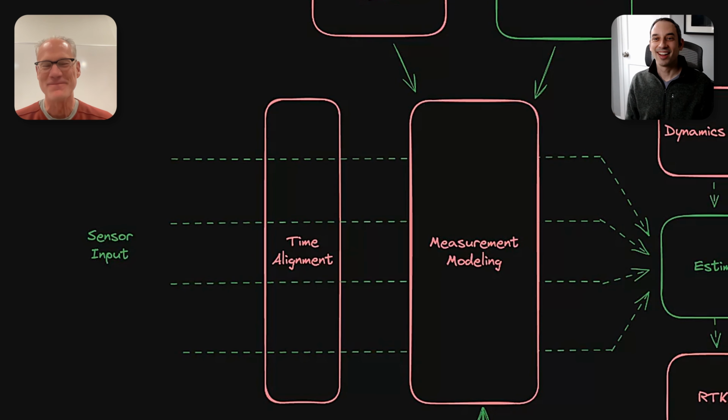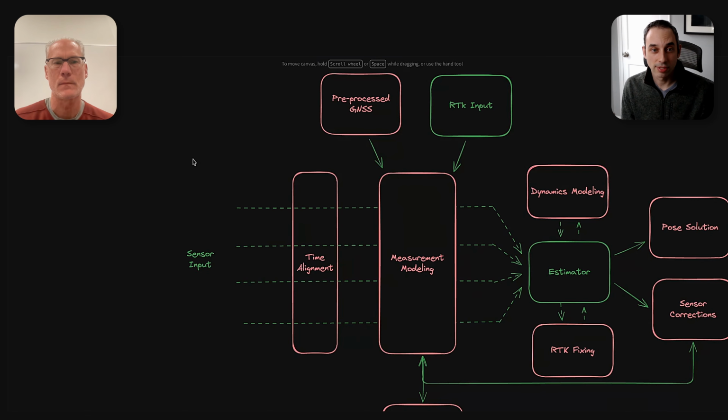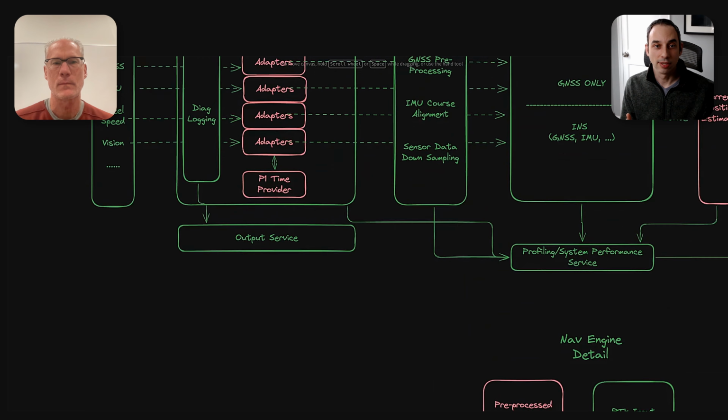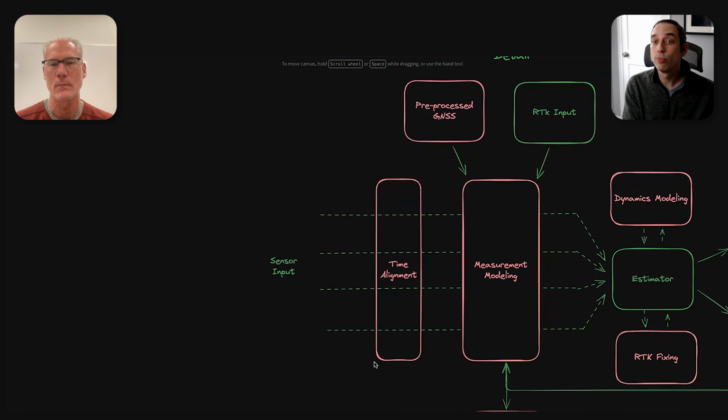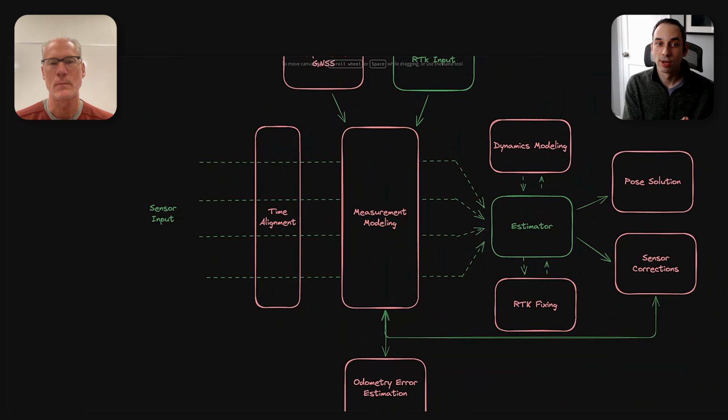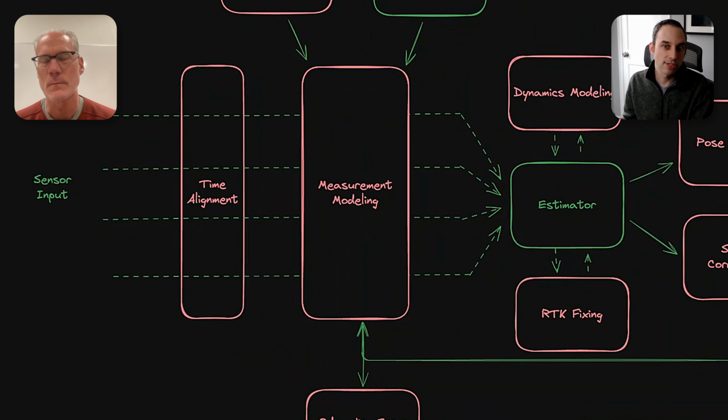So the key with the time alignment is, because previously we talked about the time provider, which is coordinating the sensor time so that we can know that an IMU measurement captured at some moment corresponds with GNSS data from some other time, we can now basically put it back in order.